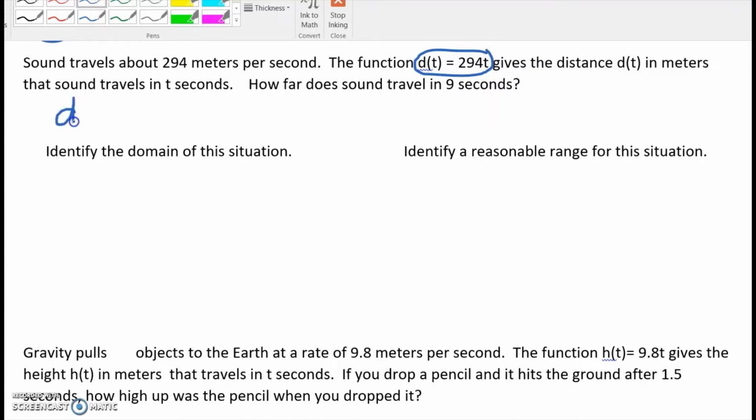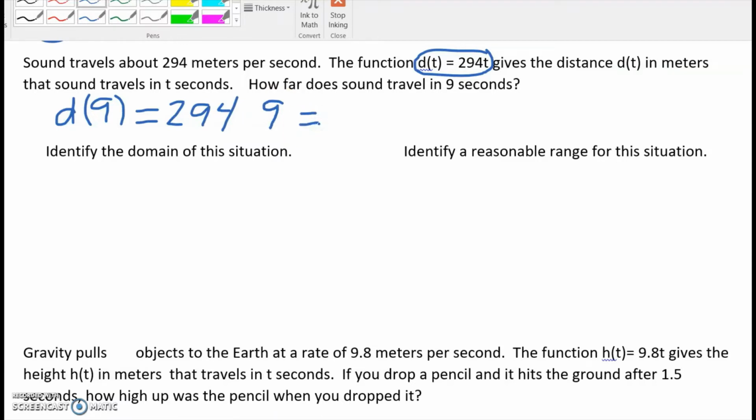So if we're looking for 9 seconds, instead of t, we're looking for a specific time, which is 9. So for d of 9, we would do 294 multiplied by 9.